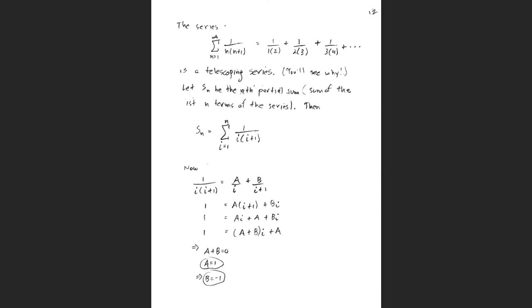First thing I'm going to do is write out some terms of the series. The first term is 1 divided by the denominator 1 times 2. Second term is 1 divided by 2 times 3. Third term is 1 divided by 3 times 4, and so forth.